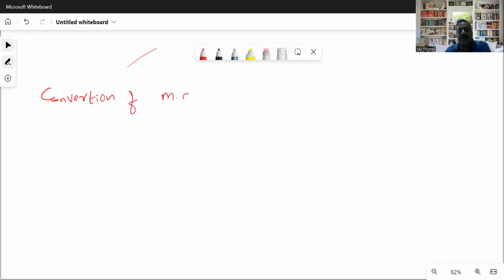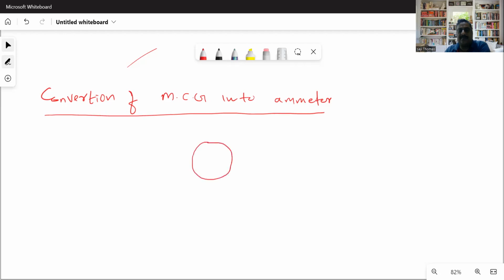So I am drawing the galvanometer. This is the symbol of a galvanometer. I write this as G. Resistance of the galvanometer is written as G, capital G.